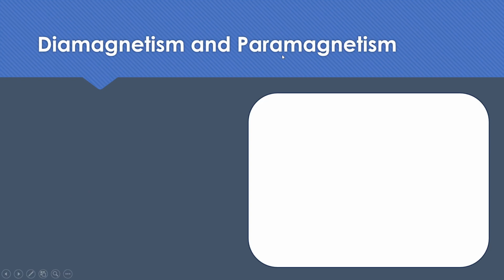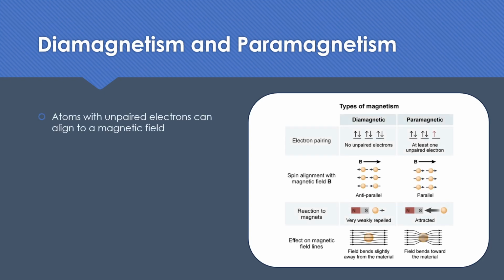So, with that said, let's shift gears a little bit and talk about two properties of atoms that we can determine from the electron configuration. So the first is diamagnetism and paramagnetism. So basically, if you have unpaired electrons, you can align to a magnetic field.